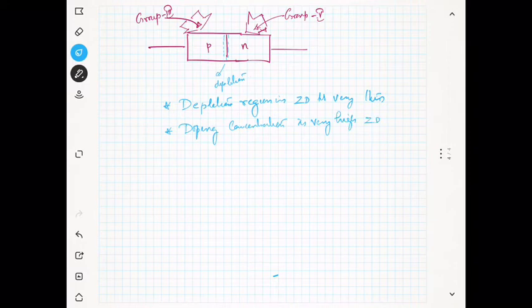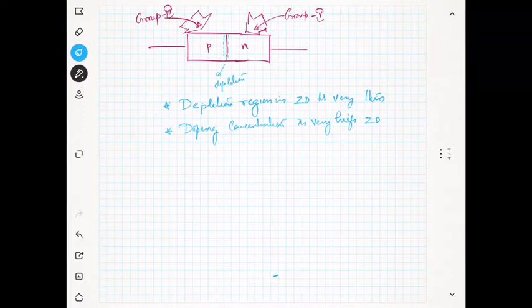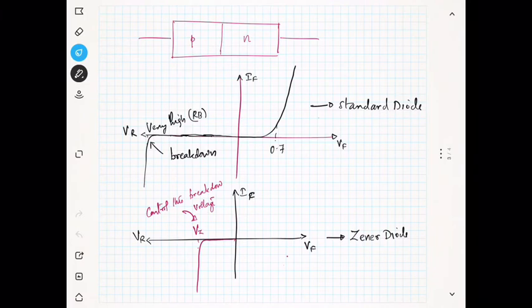Because of the very high doping concentration, the intensity of the electric field, which is created due to the reverse bias, will be very strong, so that it may pull out the electrons from the valence band, and it will cause a very large current.